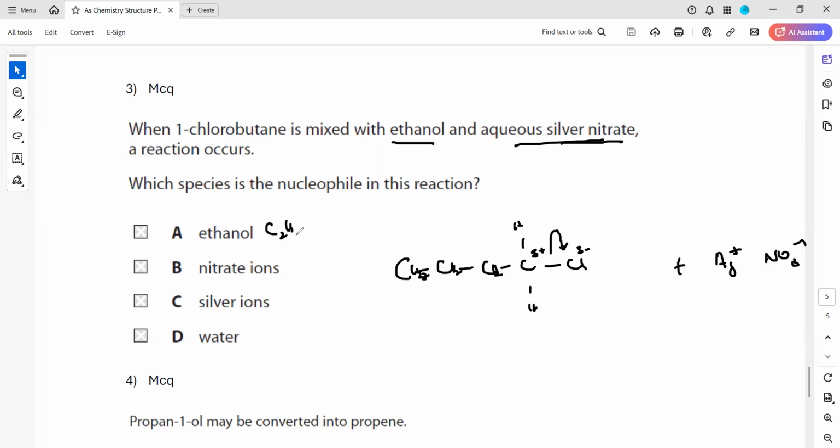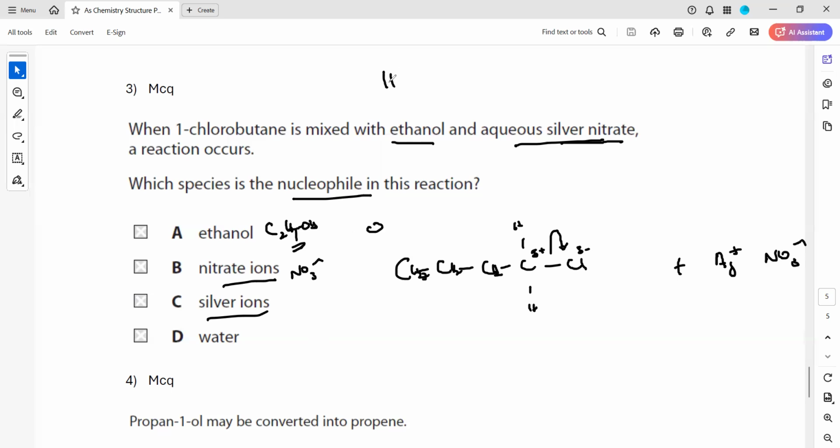Ethanol contains C2H5OH. Nitrate ion is NO3, but it is not forming the product. The product is not a nitrate ion attached to a carbon. The product is actually an alcohol. The silver ions are also not attacking. So what is the nucleophile here? Which species is a nucleophile?